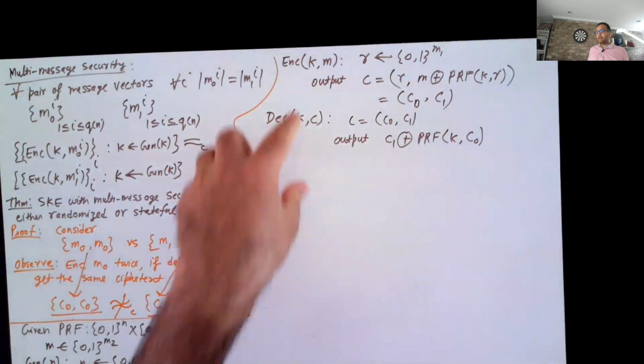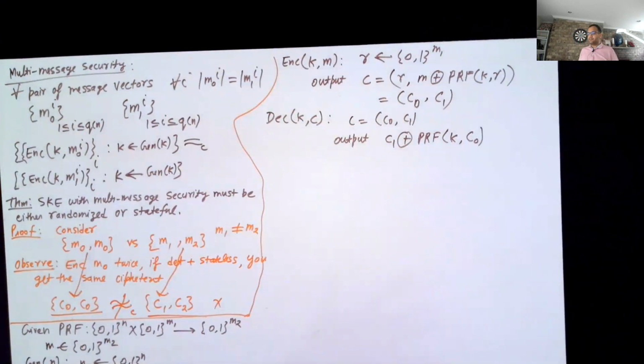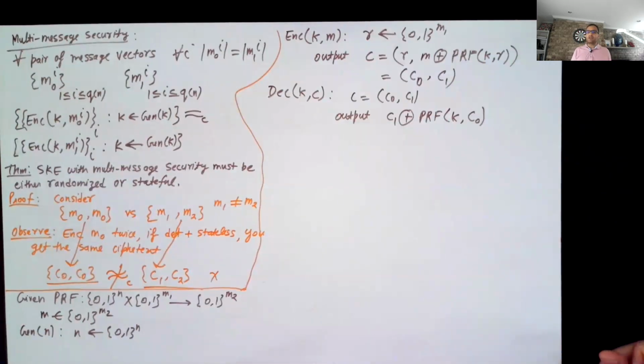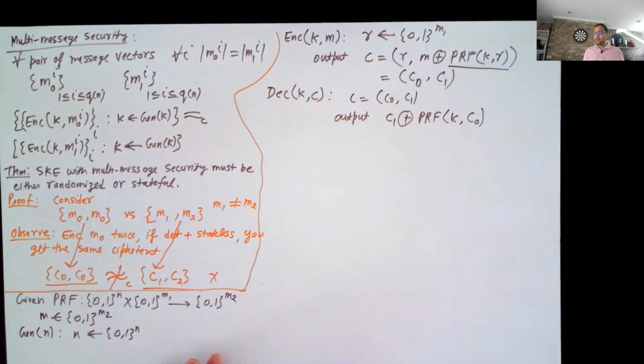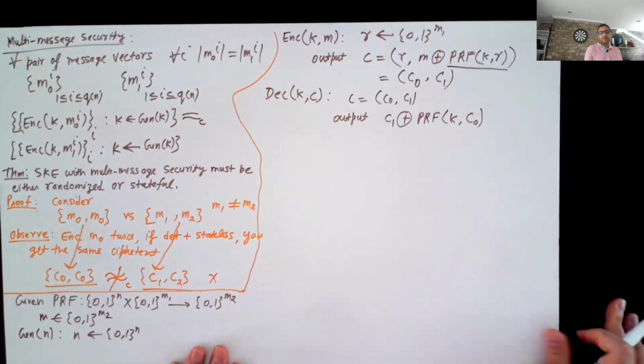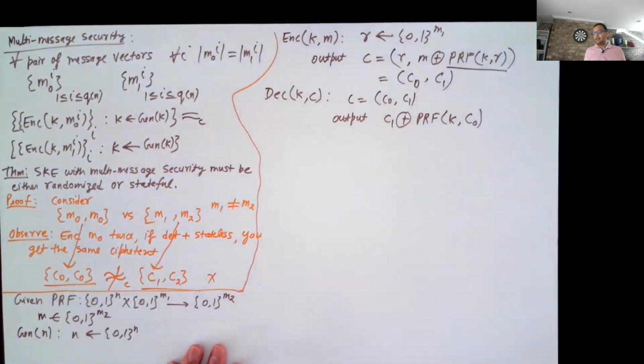Okay, and again, correctness is straightforward here. Let's try to prove security. And as you can expect, while proving security, we will try to rely on the fact that the PRF output is indistinguishable from uniform, and hence this is also essentially like a one-time pad.